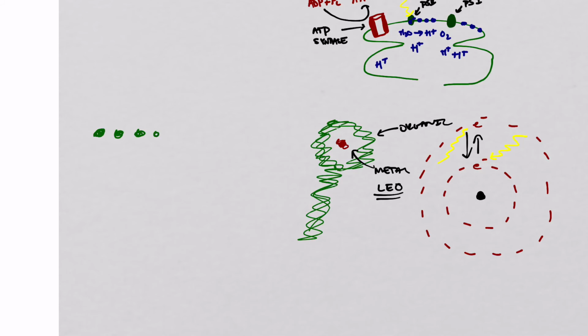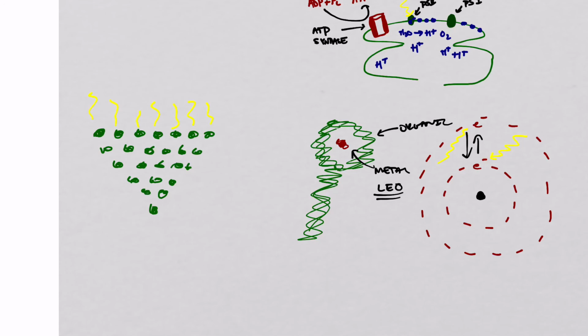We have a bunch of them that form, sometimes you'll see it in a pyramid shape, sometimes in a circle shape. I'm going to draw it in a pyramid because it's a little easier to understand what's going on in this orientation. Okay, so imagine we have our photosystem here. It could be photosystem 1 or photosystem 2. It doesn't really matter. But we have photons of light coming down and hitting these chlorophyll molecules at the top.